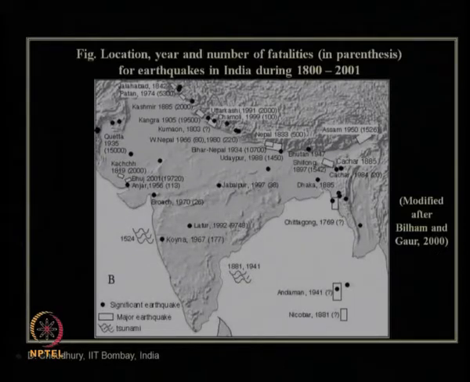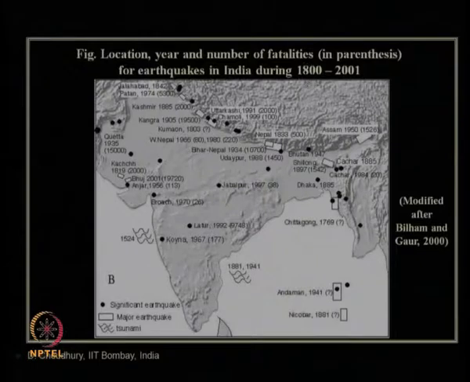You can see various locations, like the Koyna 1967 earthquake, where the number of fatalities was about 177; the Latur 1992 earthquake, where the number of fatalities was close to 10,000; then the Jabalpur 1997 earthquake.